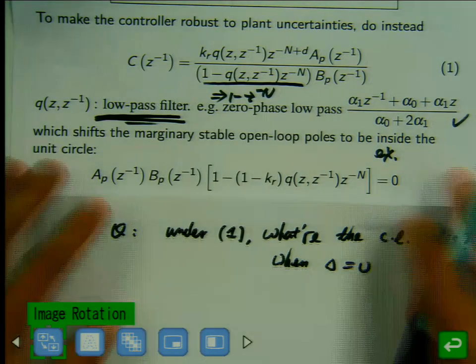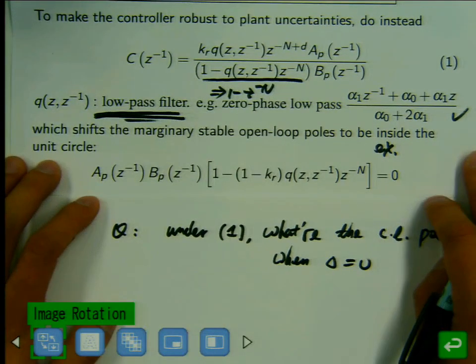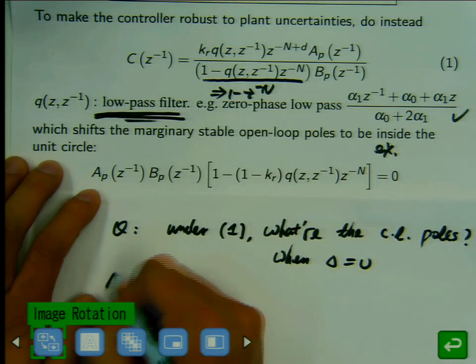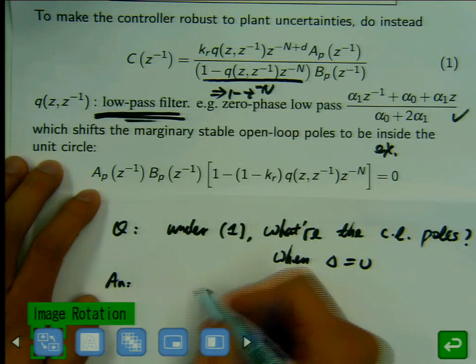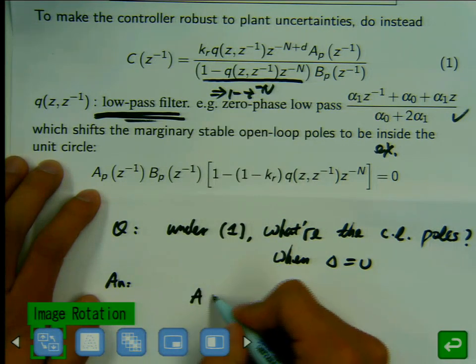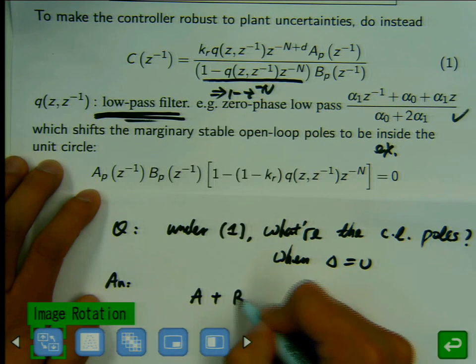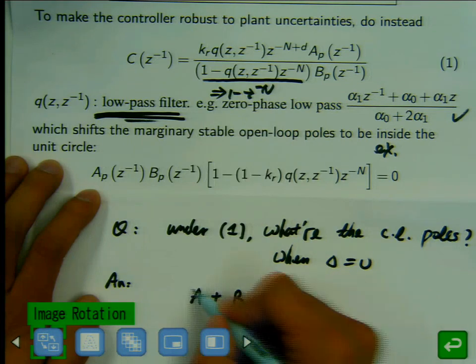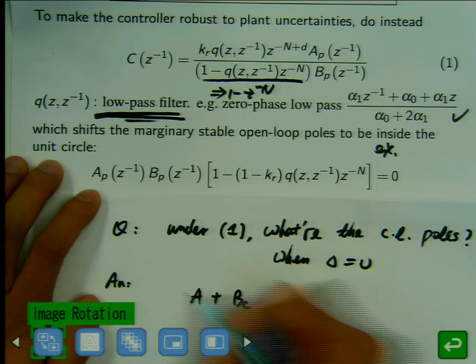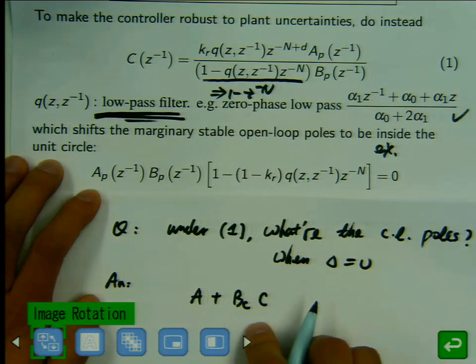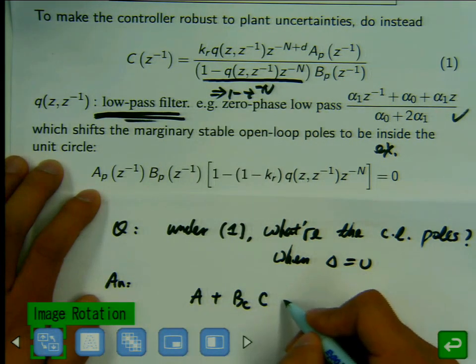Okay, anyone has any conclusions now? Where do the closed loop poles come from in this case? Say that again. A, B, C, B, C? Times the... do I have to put anything or just times it like this? And then?